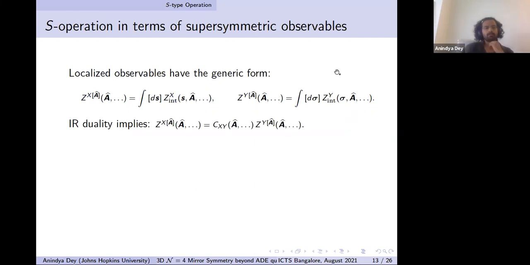Yeah. So I'm doing a schematic picture, so that basically applies to both the partition function and the index, or any other observable for that matter.